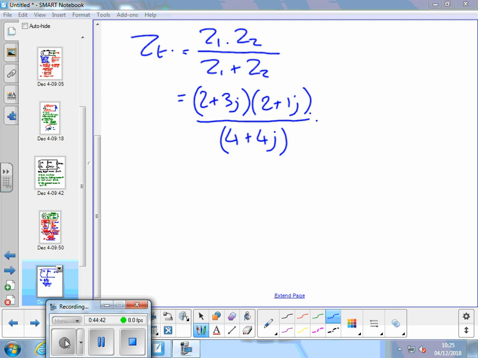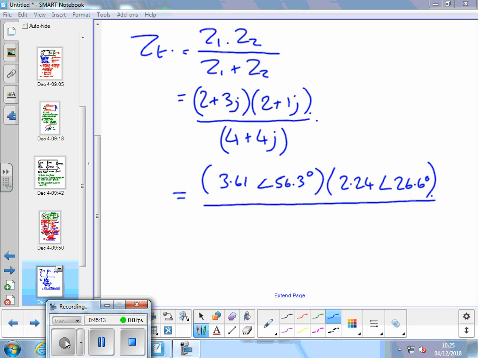Now we can do that work much easier if we have them all in polar form. So converting the 2 plus 3J, which you had already done at some point I believe anyway, 3.61 angle 56.3 degrees, multiplied by 2.24 angle 26.6 degrees, and all that is divided by the 5.66 angle 45 degrees that was the total series impedance.